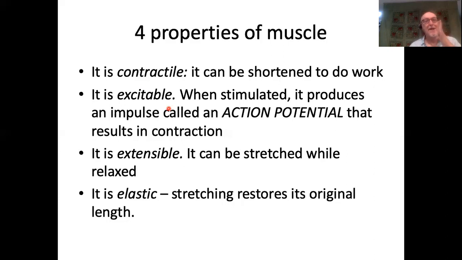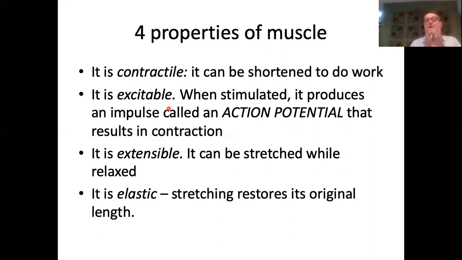So remember, muscle cells, rather like nerve cells, are excitable. If I stimulate the muscle with a nerve impulse, then the muscle develops its own action potential. And that action potential will run through the whole muscle cell and cause it to contract.